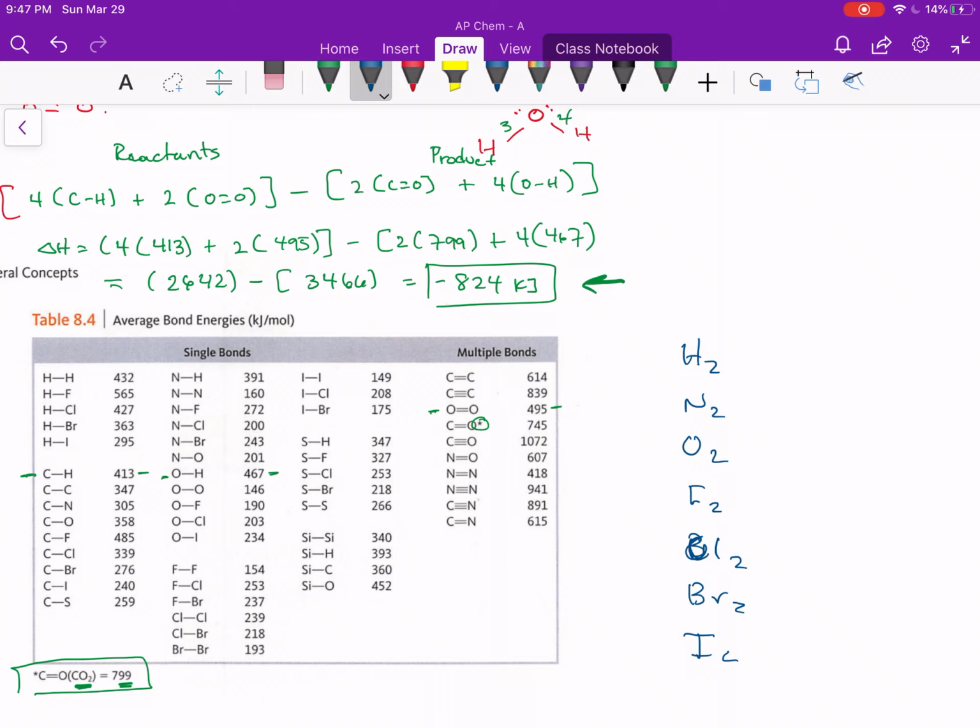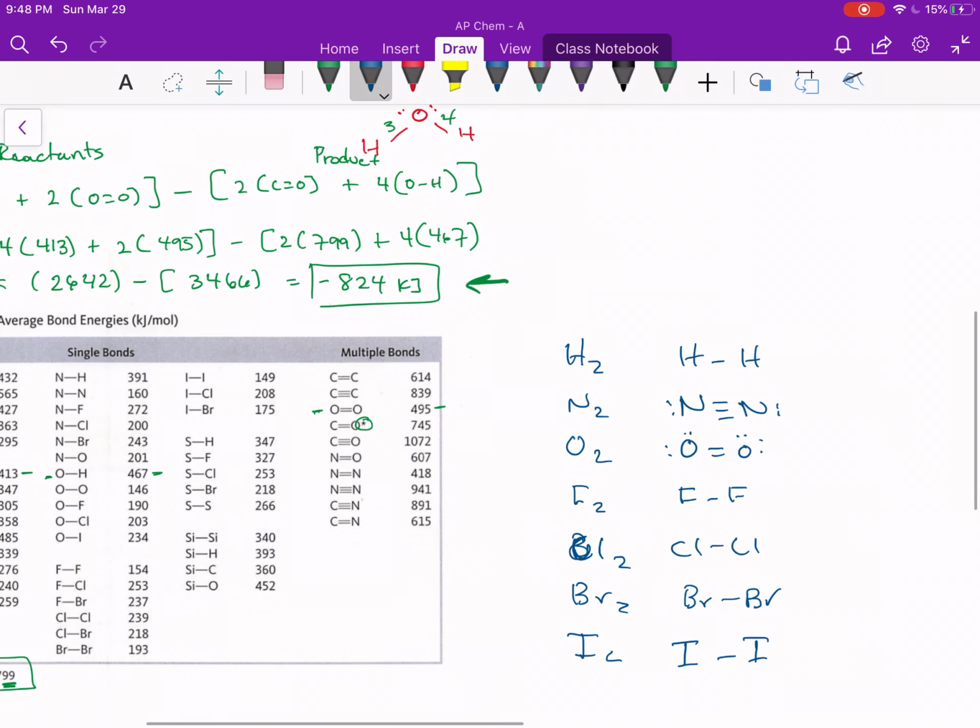H2 has a single bond. N2 is held together by a triple bond. O2 is held together by a double bond, as we just saw. F2 is held together by a single bond, as are Cl2, Br2, and I2. N2 and O2 are the ones to remember: they have the triple bond and the double bond, not a single bond.